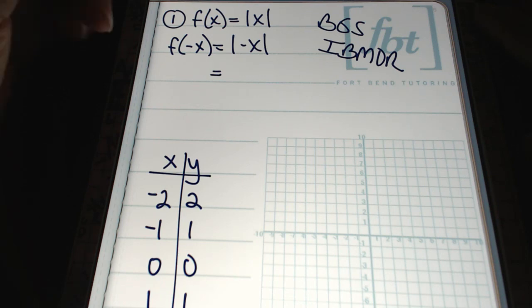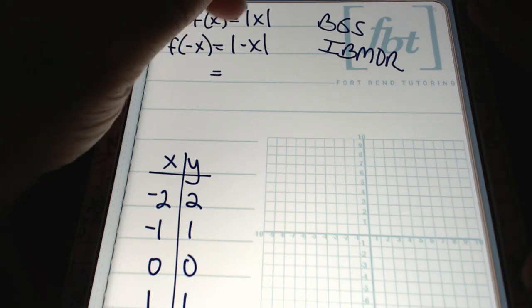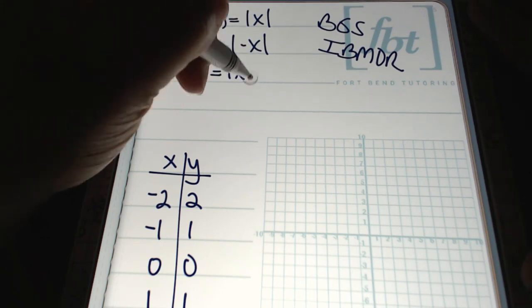Here we go, guys. So, being as though we were looking at the distance to 0, whether you are coming from the left of 0 or the right of 0, that distance will be the same. And also, since we cannot guarantee whether x is a negative value or a positive value, this will be equivalent to the absolute value of x.